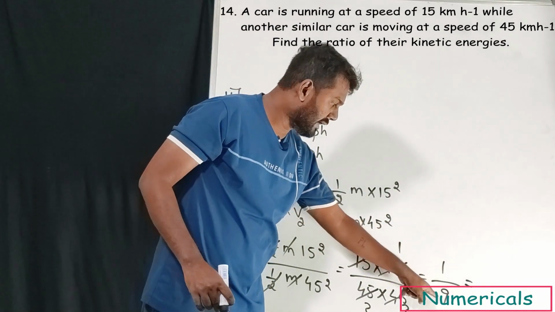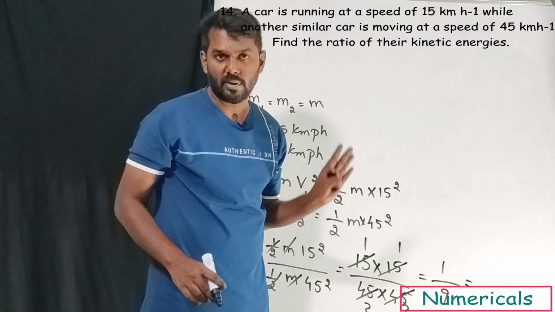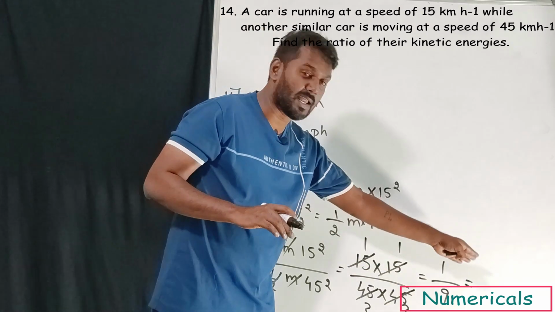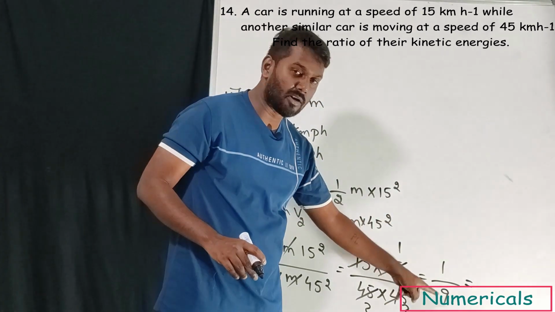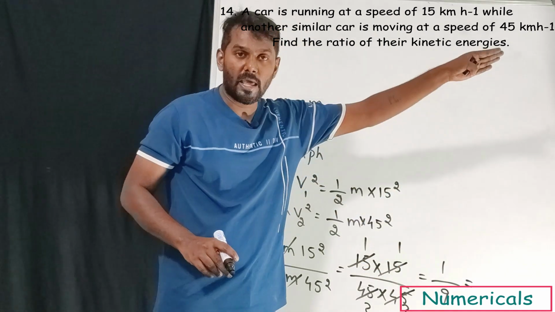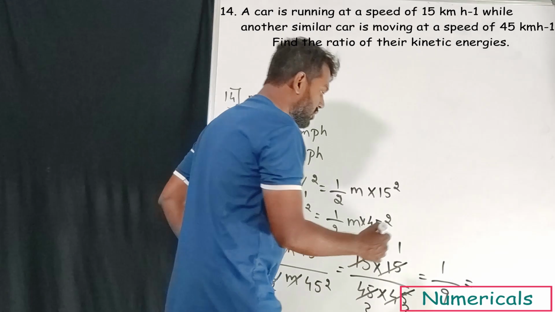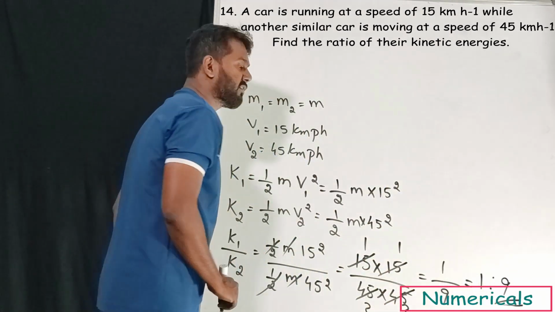See, 1 and 9 cannot be divisible by any number. If you have 3 by 9 and you write that as 3:9, that is completely wrong. Whenever you are converting the fraction into a ratio form, it has to be simplified. It should not be divisible again. So now it is 1:9. This is the answer we are looking for.